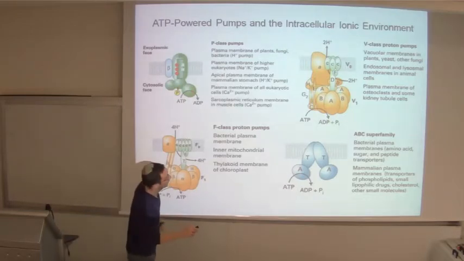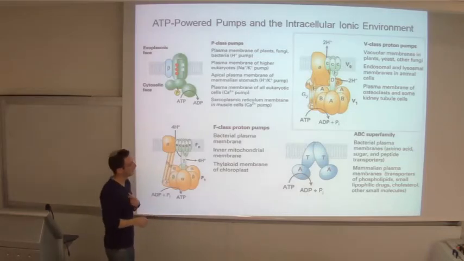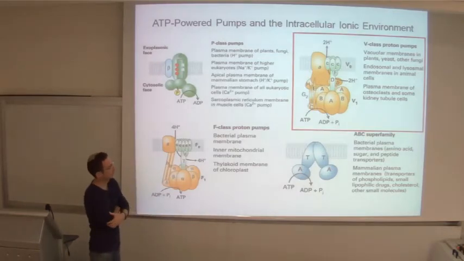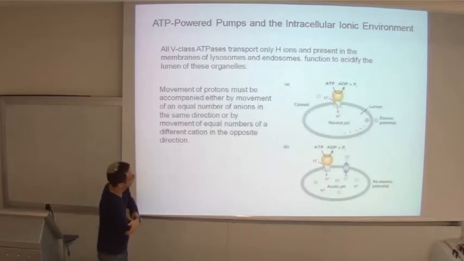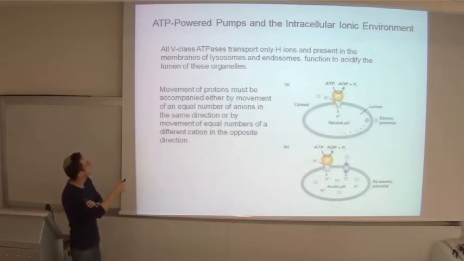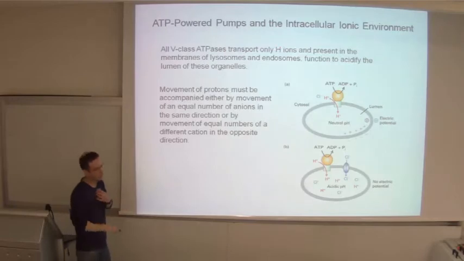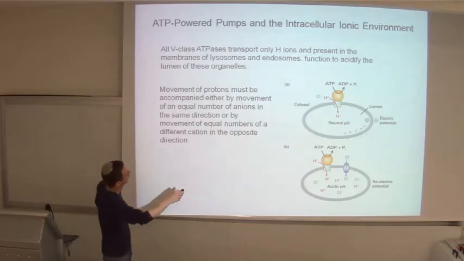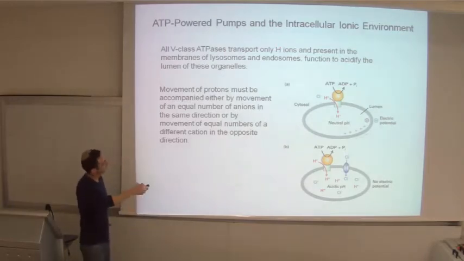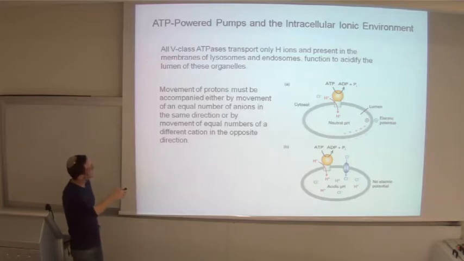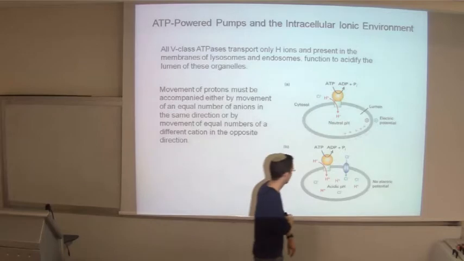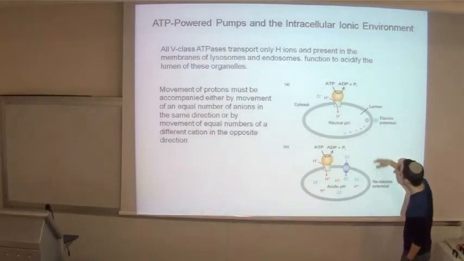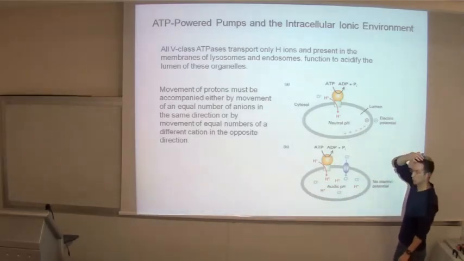So this was a bit about the P class pump. About the V class, which is only a proton pump, we won't see the operational mechanism. We'll just say a few words and see where it sits. All V class ATPases transport only protons, only hydrogens, and they are always localized to the membrane of lysosomes, and they sit there and acidify the lumen of the lysosomes.